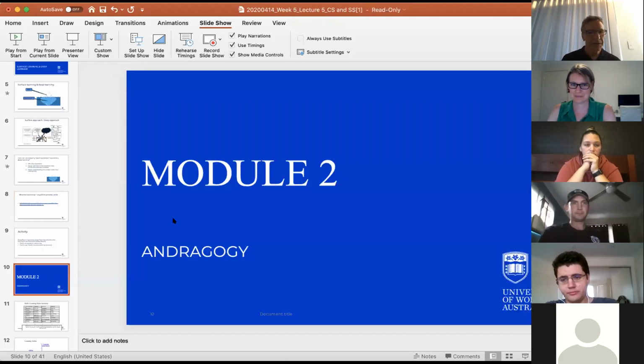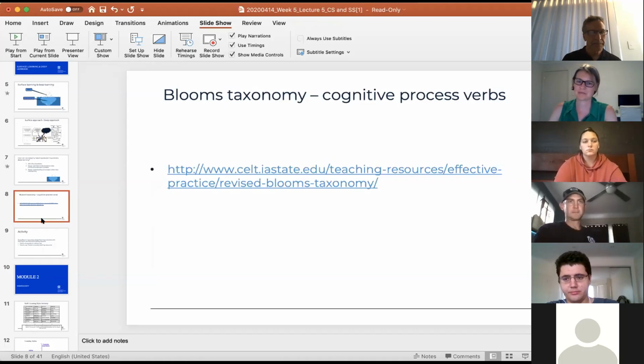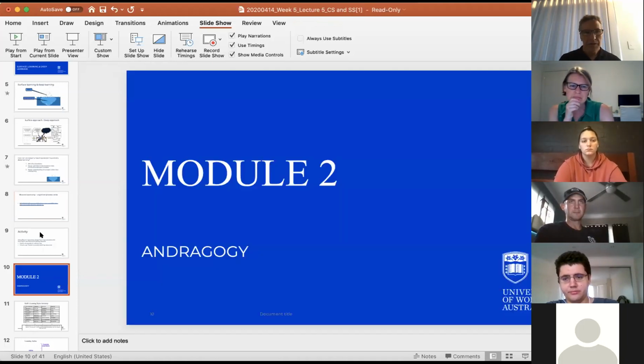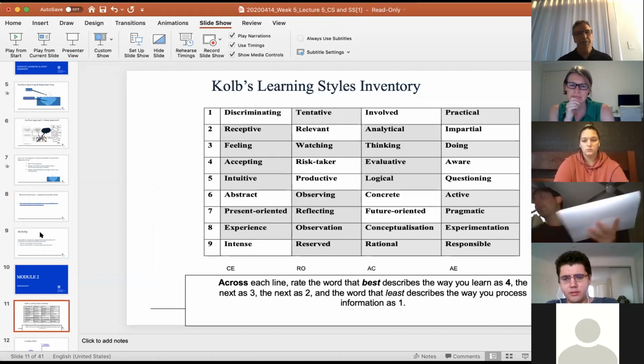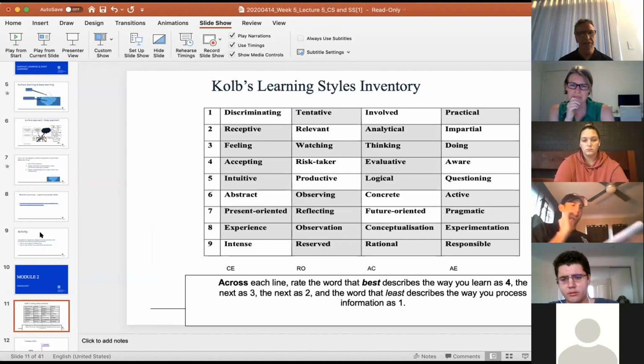So in terms of the learning styles, Kolb did this. A second thing in terms of developing and designing learning approaches is that it's important to understand that people learn in different ways, and that there are different learning styles.